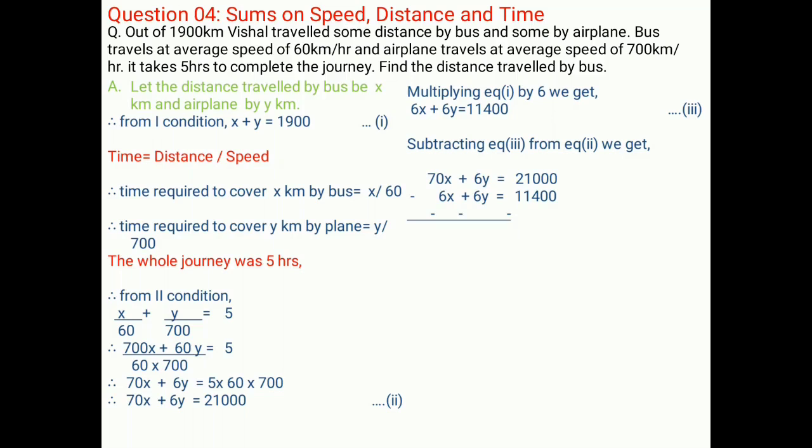Subtracting causes a change in sign, so 6x becomes minus 6x, 6y becomes minus 6y and 11,400 becomes minus 11,400. This gives me 64x is equal to 9,600.